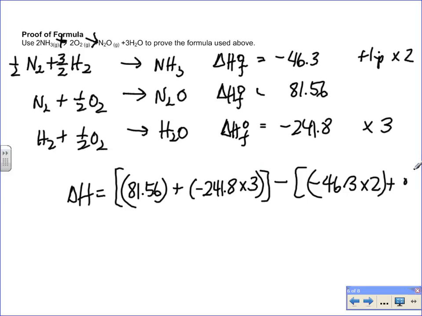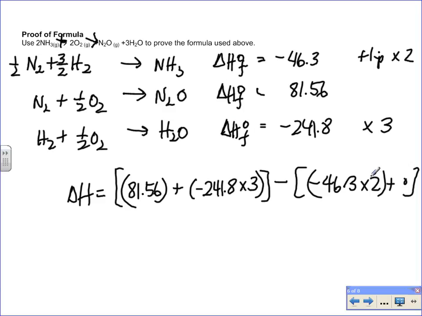Okay, and there was no part of oxygen. So what you can see here is that the decisions we made are the same that the formula asked us to do directly. Anything that we wanted to be a product came first and remained the same. It didn't change its sign, but it was multiplied by its coefficient. Anything that was a reactant needed to change its sign, and it was also multiplied by its coefficient.